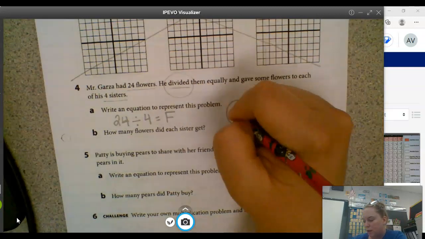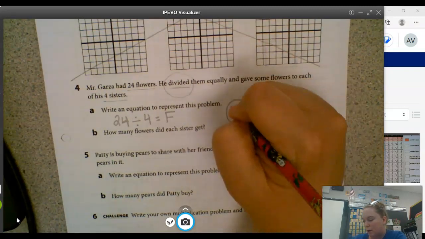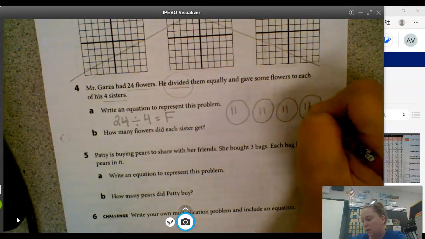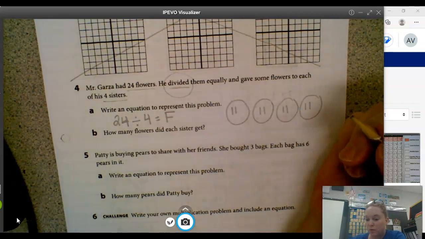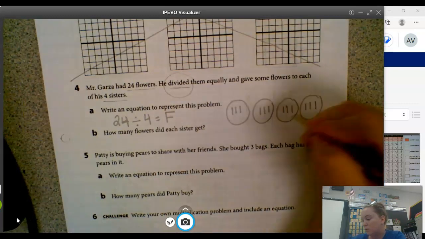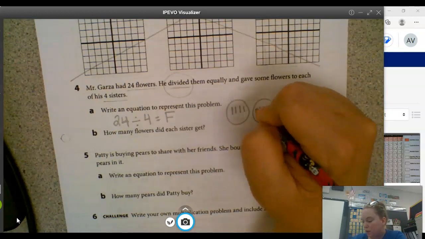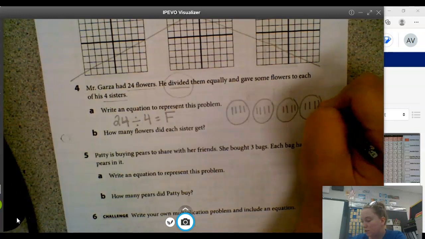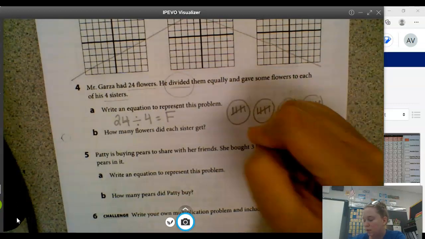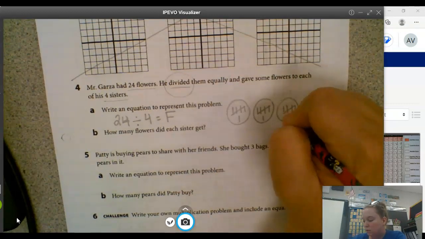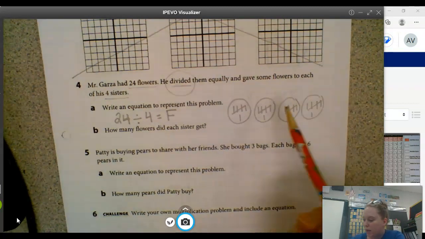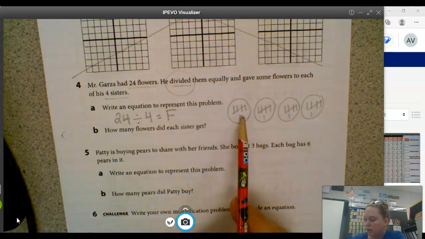So I could do a tally for each flower. 1, 2, 3, 4, 5, 6, 7, 8, because I have to go all the way up to 24. 9, 10, 11, 12, 13, 14, 15, 16, 17, 18, 19, 20, 21, 22, 23, 24. Okay, I divided up all 24 flowers. And how many did each sister get? 6.